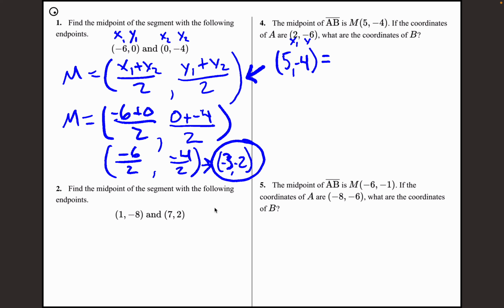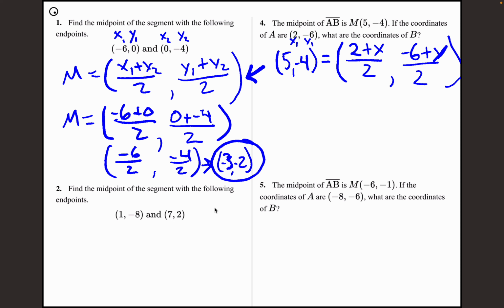Let's make our negative 6 our y1. Okay? So let's go ahead and put this in. So we have our x1, which is 2, plus x over 2, comma. Then we have our y1, negative 6, plus y over 2.